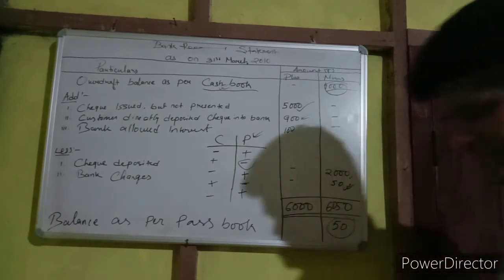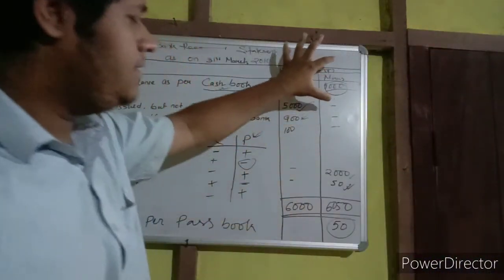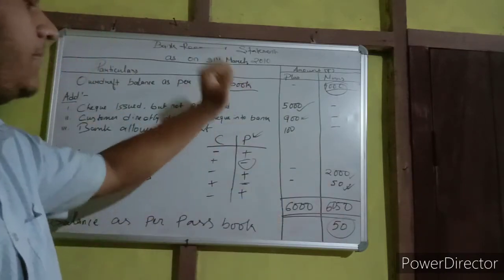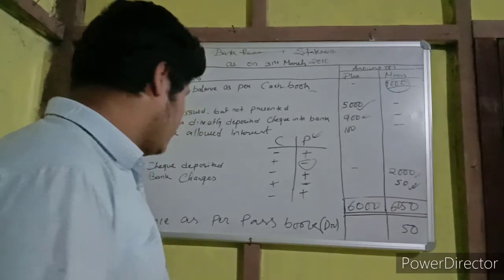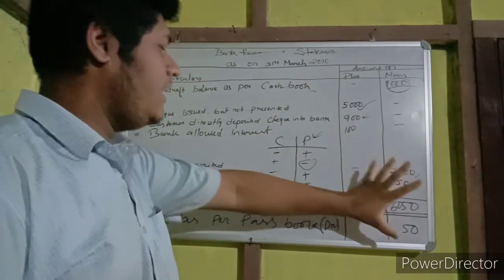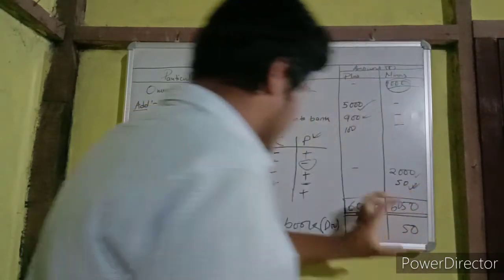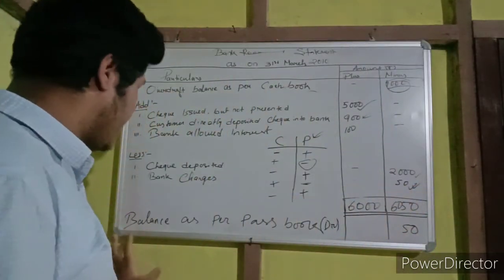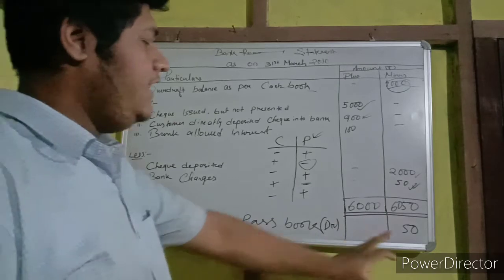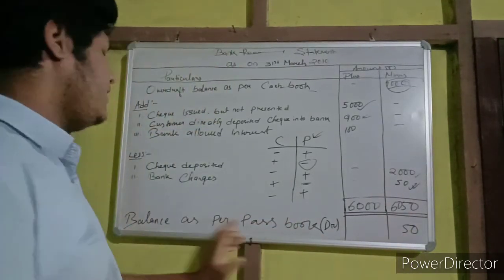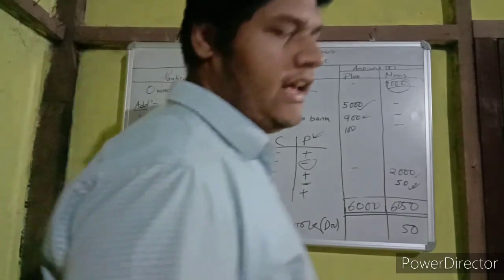The highest value is on the minus side, 6,050, and on the plus side you have 6,000. After writing the value, since the minus side is greater, it came as overdraft balance. You can write balance as per passbook, debit the balance figure on the minus side, or you can also write overdraft balance as per passbook. You can write as you want.